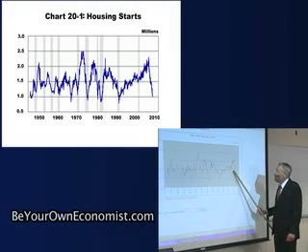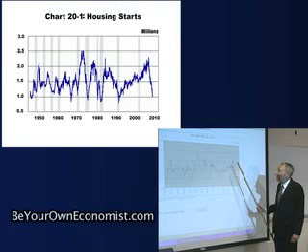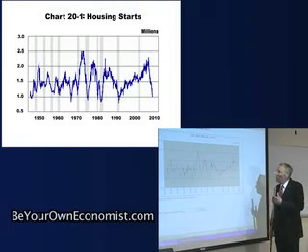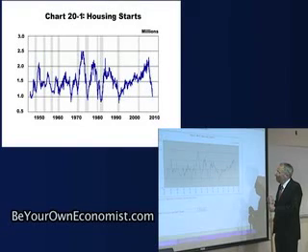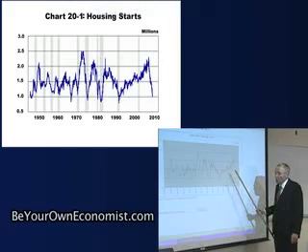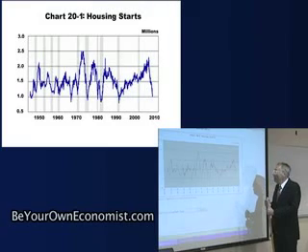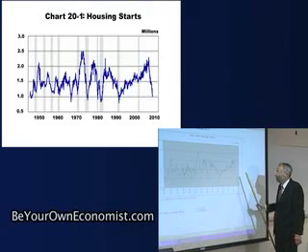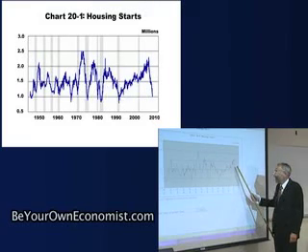This is not so much brought on by high interest rates as it was mostly by speculation. In other words, what had driven so much of the construction was speculation that home prices would continue to rise very, very rapidly as they had in the first part of the decade.